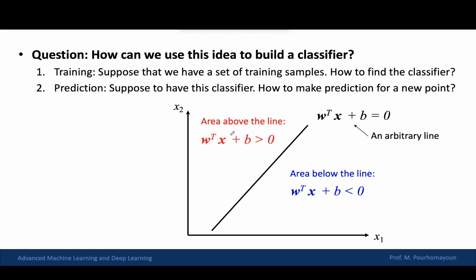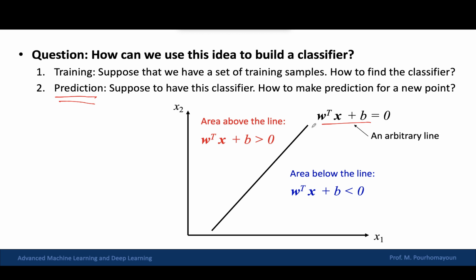So there are 2 questions here, training and prediction. How can we use this idea to build a classifier? Prediction is very easy. I just mentioned that. Suppose that you already have this classifier. This is prediction, so it means that you already trained it.